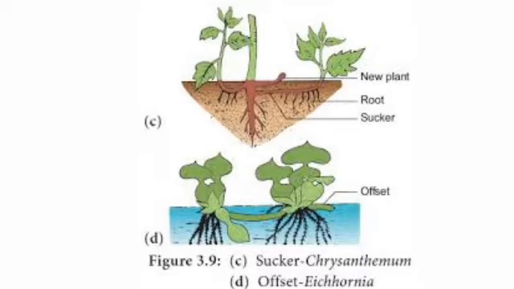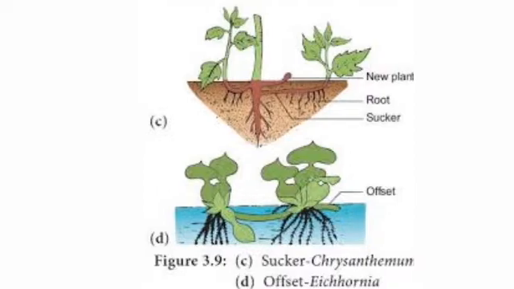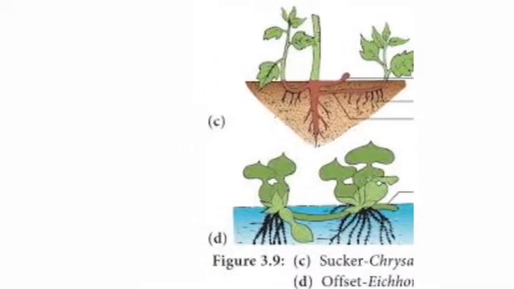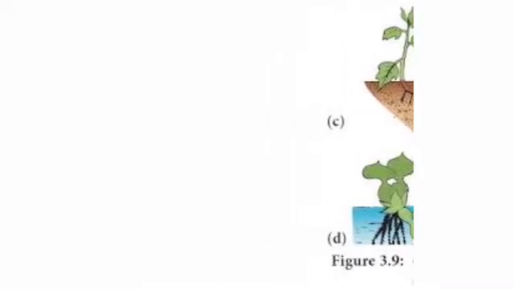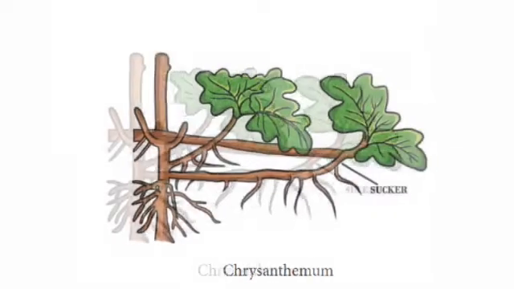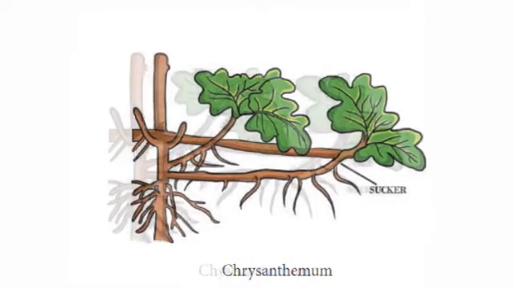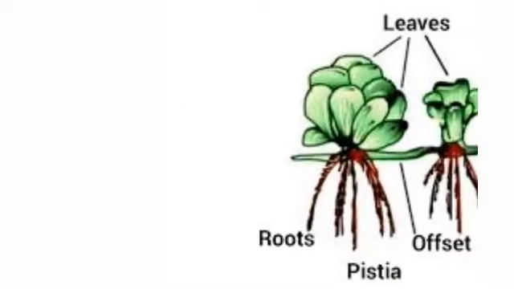These branches produce many adventitious roots from the lower surface. These branches separate from the mother plant and live an independent life. For example, chrysanthemum.